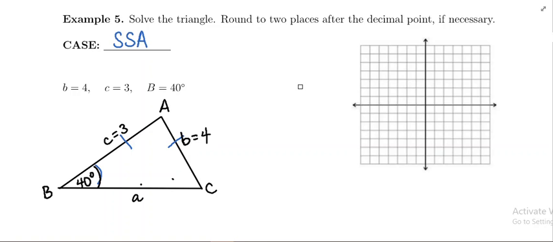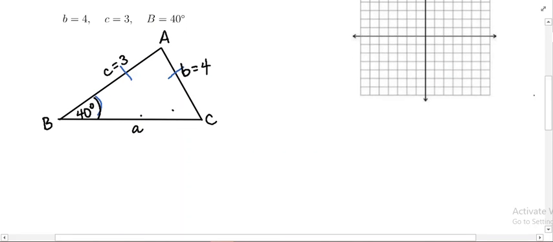We need to go ahead and set up a ratio. We're going to use B information in our ratio because we have both the measure of angle B and side length B. So our ratio is going to contain the sine of B over B is equal to the sine of one of the other 2 angles over the corresponding side length. Should we use A or C to start with?